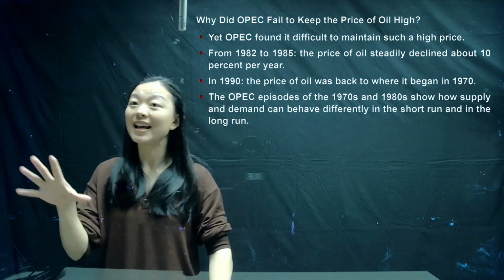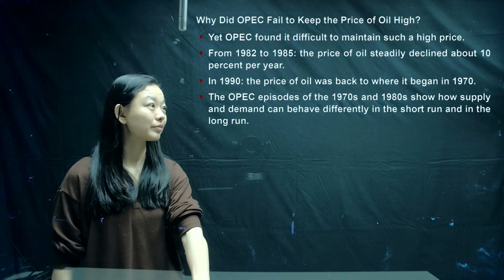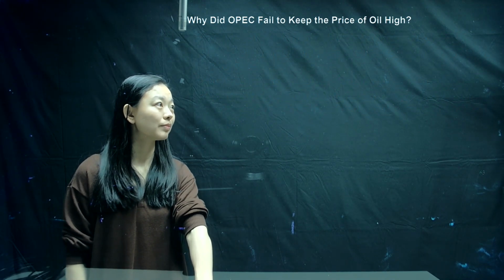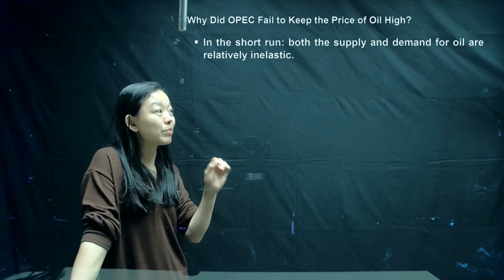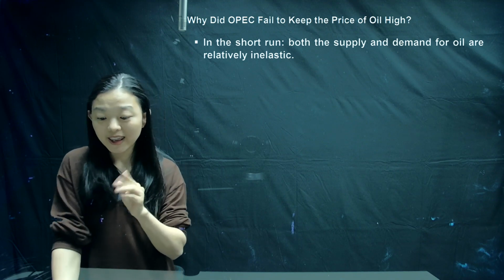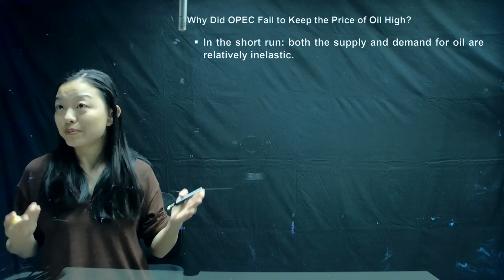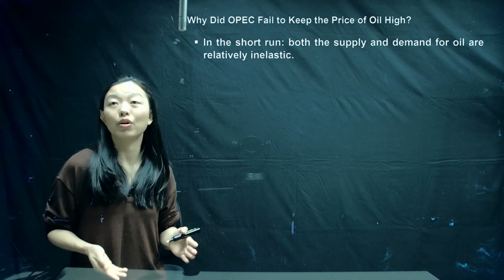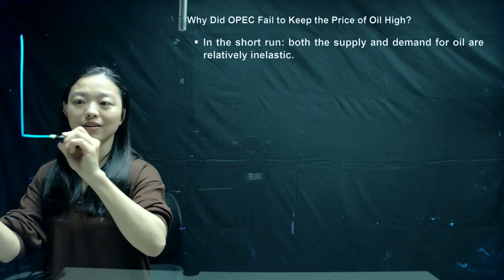Let's see how we can use what we have learned to analyze this topic. In the short run, both supply and demand for crude oil were relatively inelastic. Let me show you the graph here.